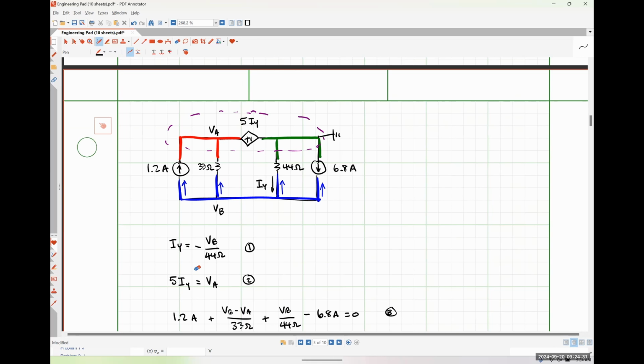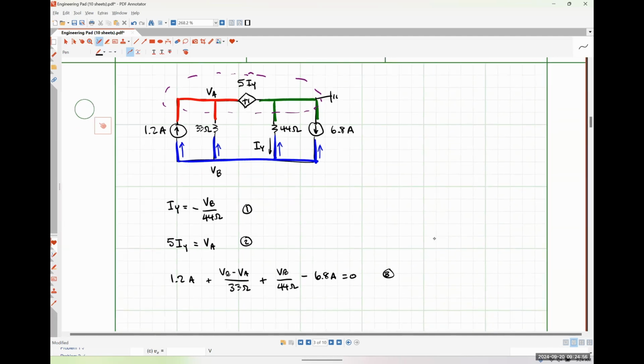You can put it anywhere and still do the circuit analysis and come up with the same results for at least IY. The results for VA and VB would probably be different because the nodes are going to be different depending on where you choose your reference. But that IY is always going to be the same thing. And as it happens, that's what we were looking for anyway. So solve this system, homework done.